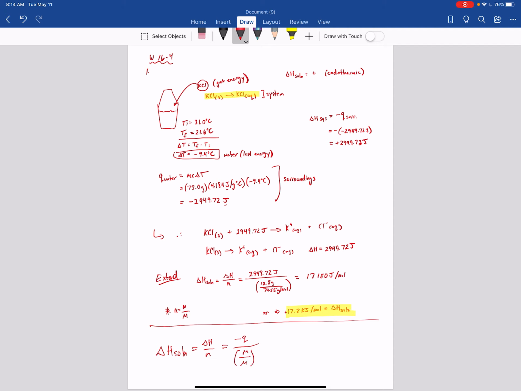Just make sure you understand what values go with which. Then we can go one step further: negative mc delta T, divided by m divided by molar mass. The mc delta T is of the surroundings, and this is of the system because we put the negative sign on the top. This would be the process in one step, but we broke it down to build understanding. Hopefully that helps clear it up.